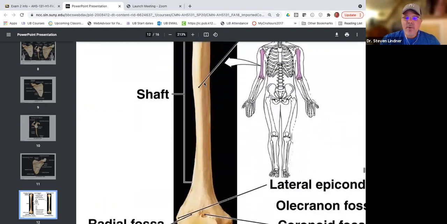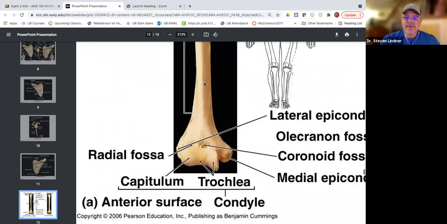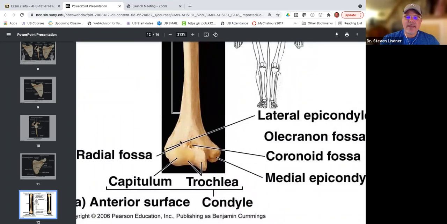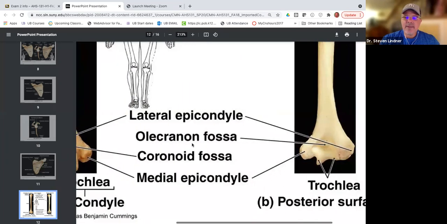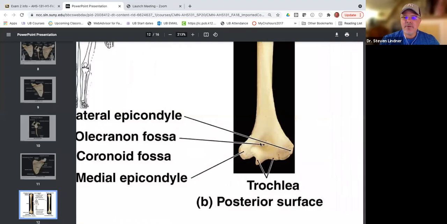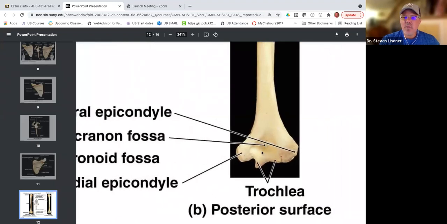The other way, if we go all the way down to the distal end, there's a difference: from the anterior, there are two fossas. One's called the radial fossa. The other is called the coronoid fossa. But if we look at the distal end on the posterior side, there's only one fossa.